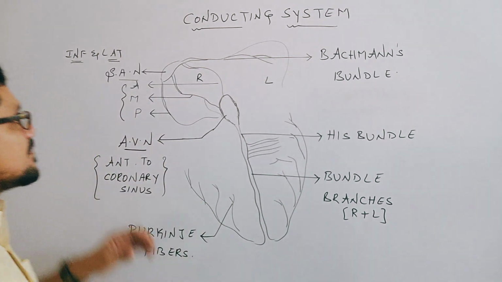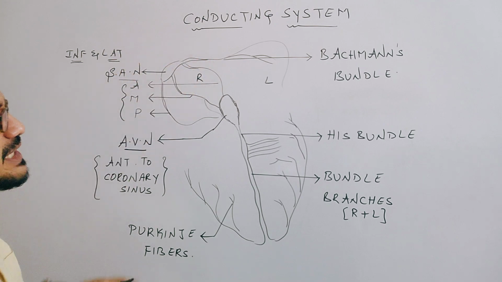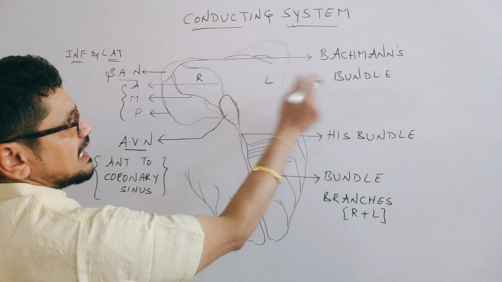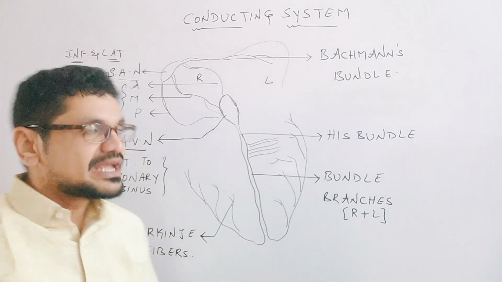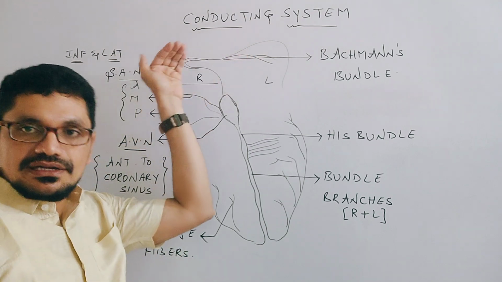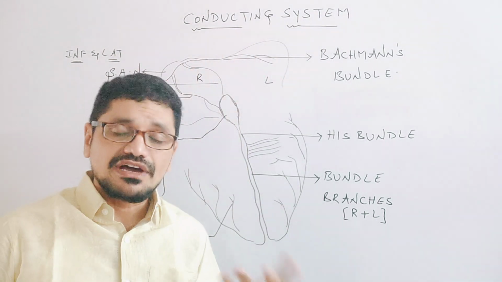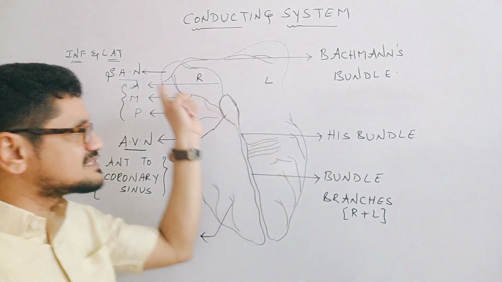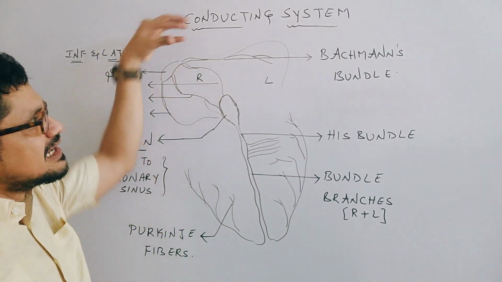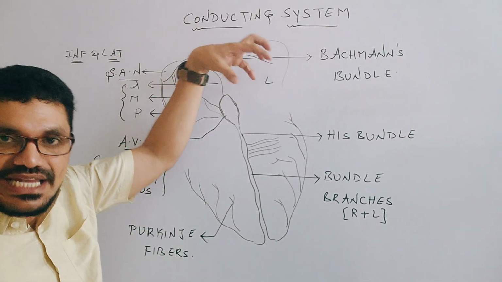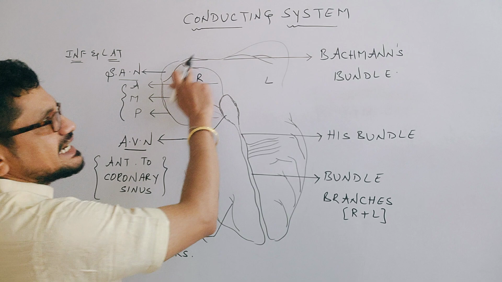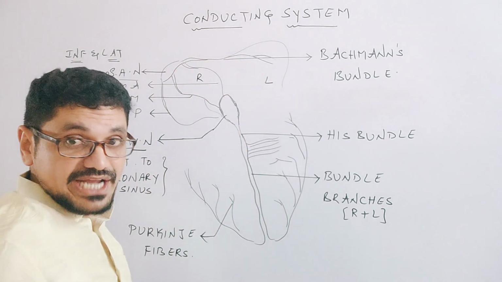See, here I have mentioned a bit anterior to the coronary sinus. These are the locations. And if you observe, from the SAN there is a bundle called Bachmann's bundle. This bundle acts like nerve fibers, though in fact they are not nerve fibers; they are specialized muscle fibers which help in giving the signal to the left atrium. So this is the interatrial branch.